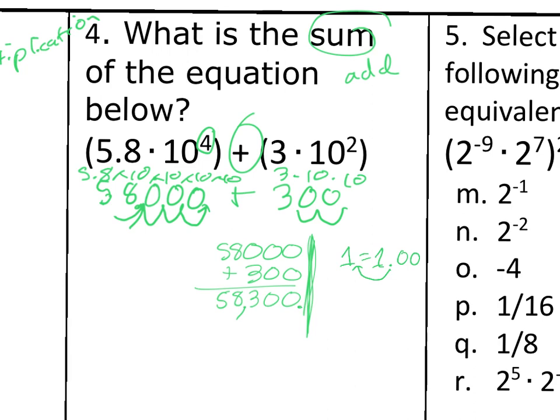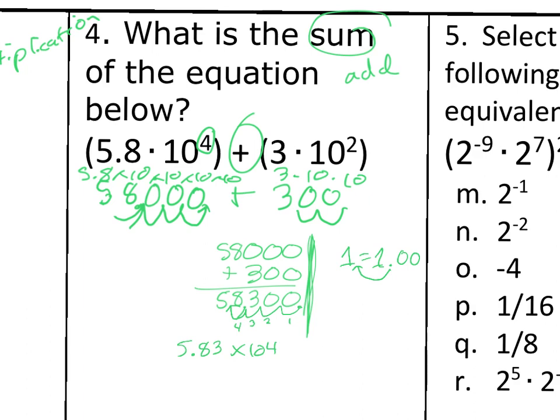So that decimal for scientific notation needs to go 4 to the left. 1, 2, 3, 4 to the left. So now we got 5.83 times 10 to the fourth power, because look, 1, 2, 3, 4 times to the left is 10 to the fourth power.